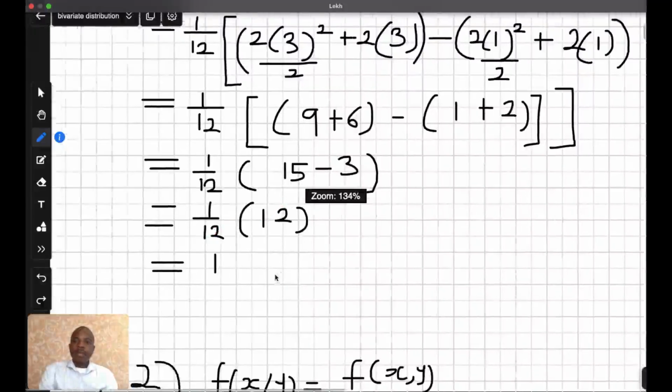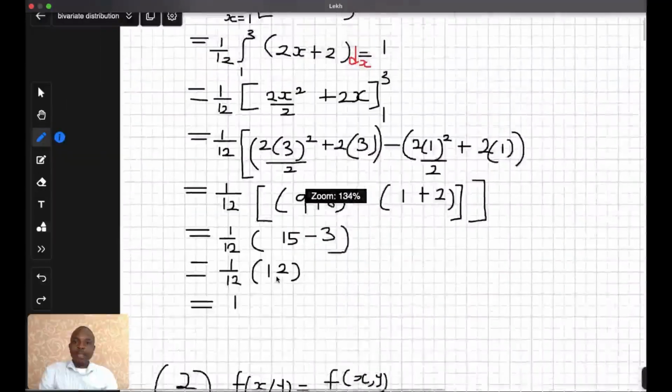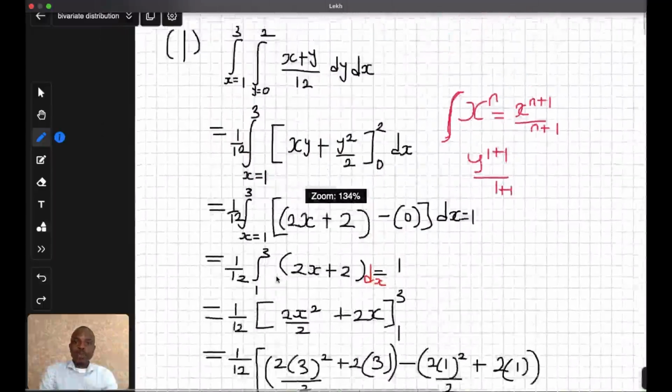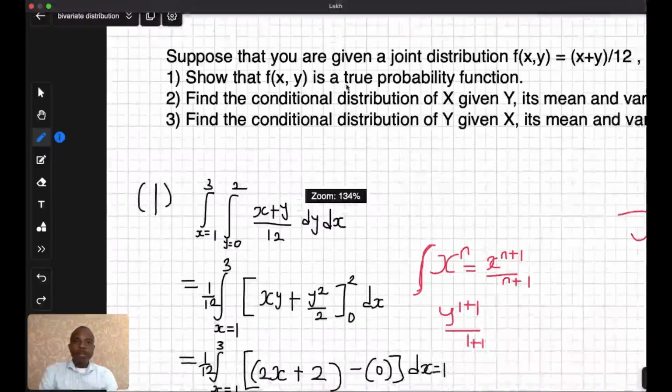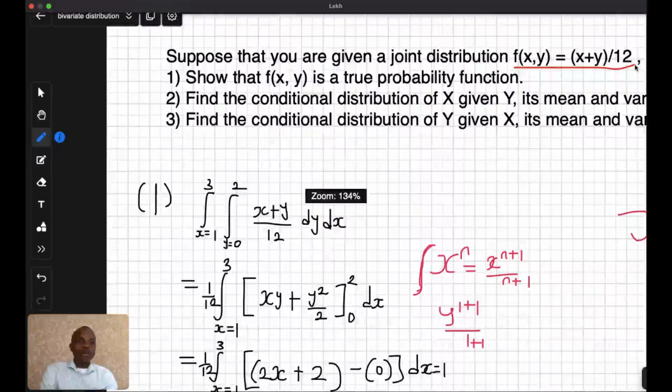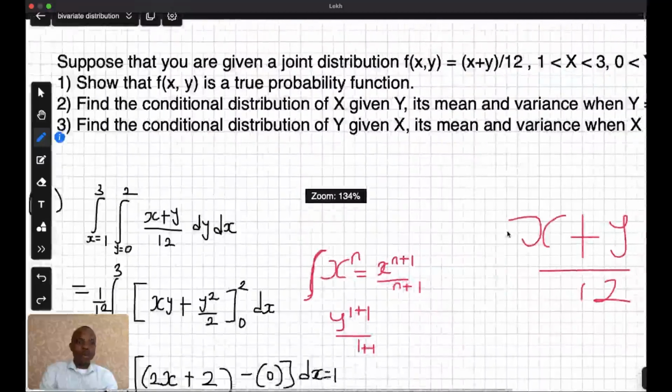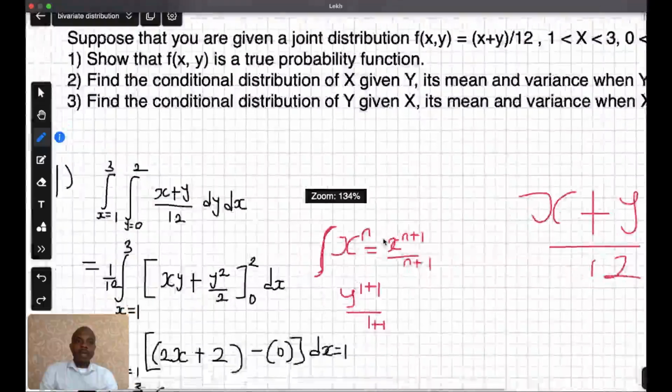So that means that what we have is a true probability function. We've proven that what we have been given, f of x equal to x plus y divided by 12, is actually a true probability function.